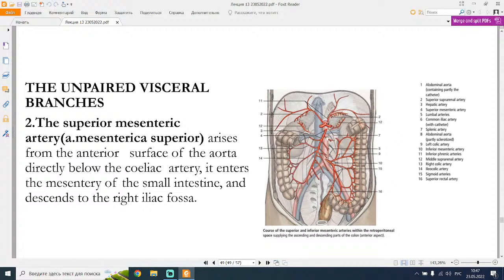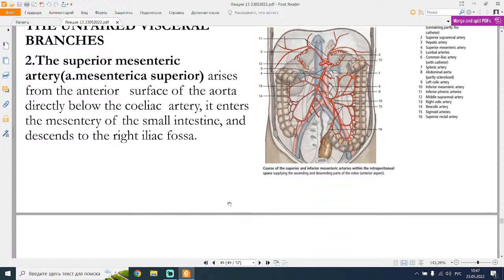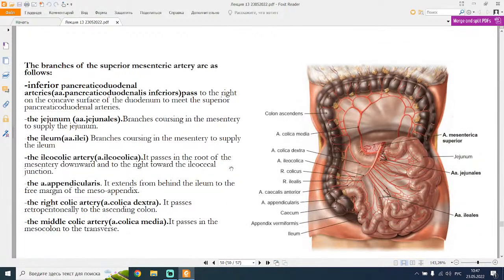It enters the mesentery of the small intestine and descends to the right iliac fossa. The arteria mesenterica superior gives off the following branches.